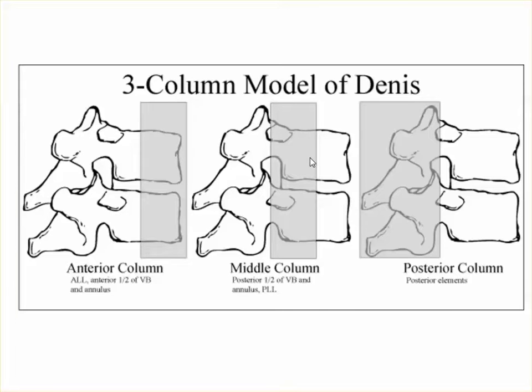If the middle column, the posterior half, is involved, and the middle and the posterior cortex is involved, which is involved in our woman, that's a two-column injury. And then the posterior column is the third, which is the lamina, the facets, and the posterior ligamentous complex. So if you have all three, it's an unstable injury, and it needs surgery.